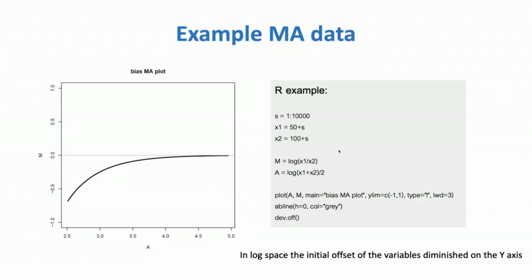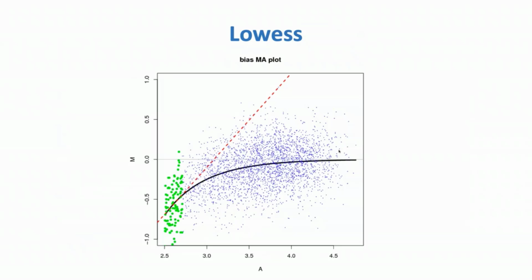So this line is the truth, and now I can just add some random noise, and then I get the scatter plot. Now if I want to re-find the truth, I can use this local smoothing where I fit a line at these given windows, and it pretty much gives me this function.